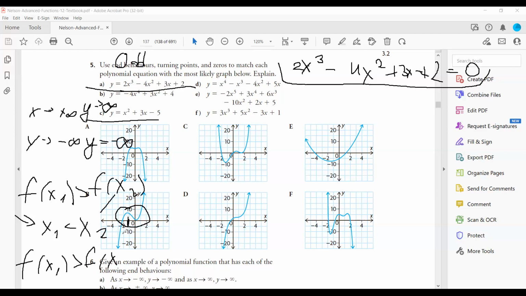It's above the x-axis, but we get y equals -7. So the most probable graph would be D, because here when x is -1, the range of the function is a negative value. Do you understand my method here? So this is one of the examples.